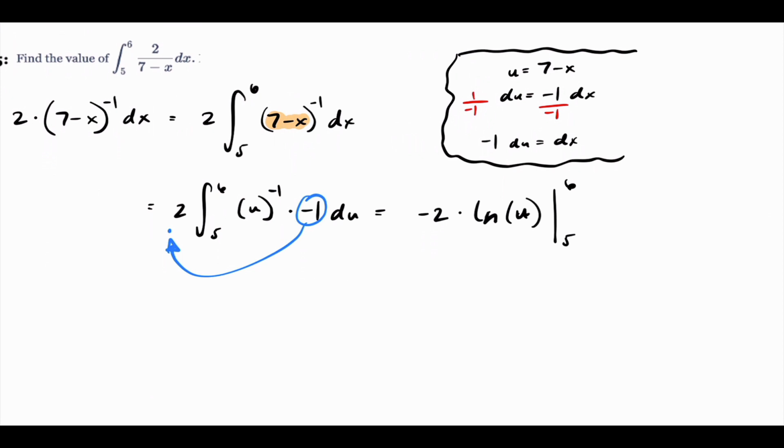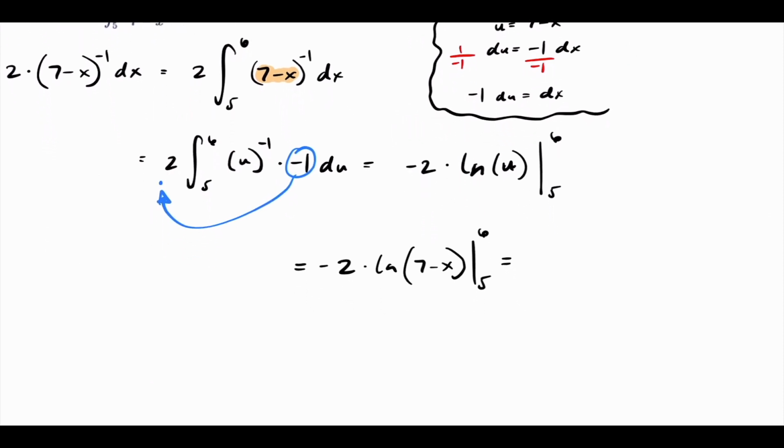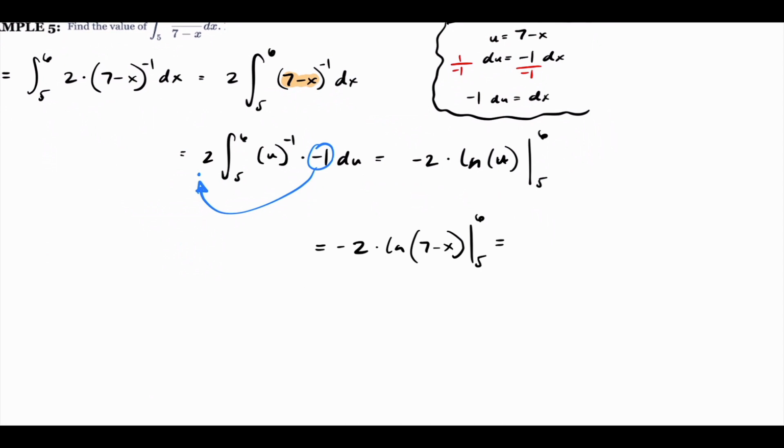Okay, so now I got to put u back in. Negative 2 times the natural log of 7 minus x, and I'm going to evaluate that from 6 to 5. Evaluate just means plug in. Plug in 6, plug in 5, you're done.